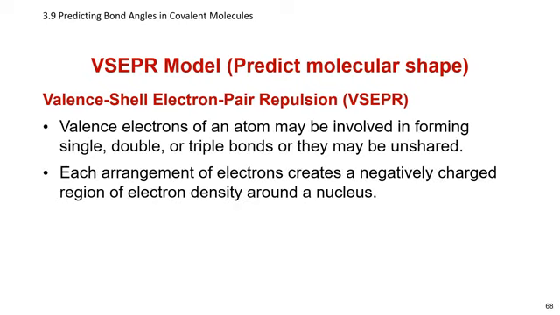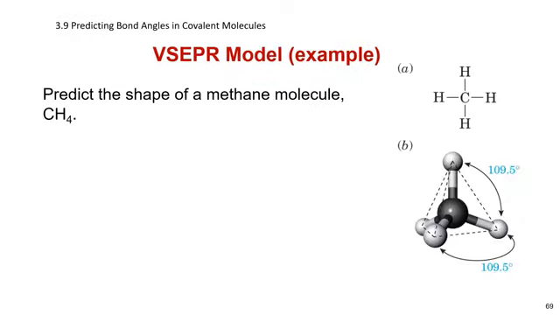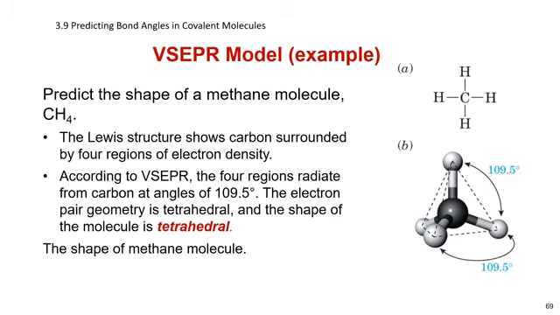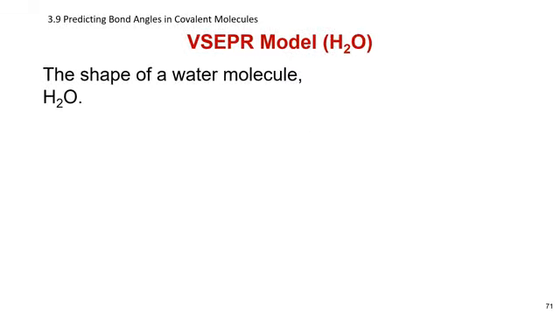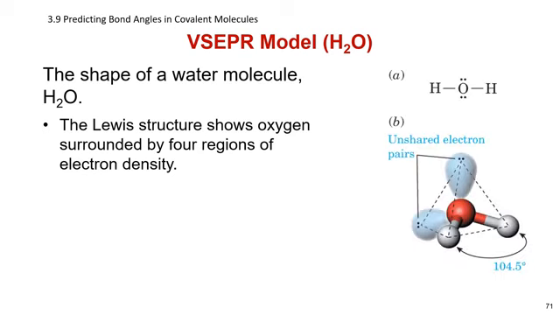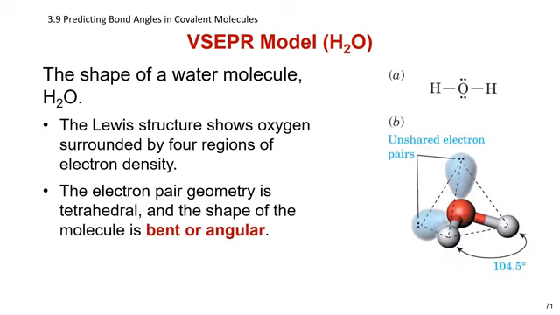VSEPR theory, valence shell electron pair repulsion. A linear molecule has 180. I am going to give you a table with the basic geometries: linear 180, trigonal planar 120, tetrahedral 109.